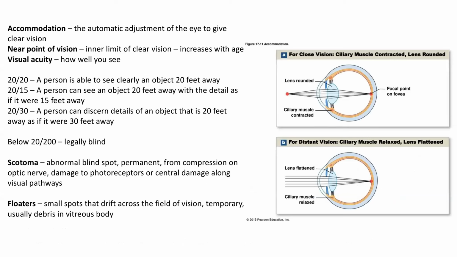So this adjustment of the eye is known as accommodation, so you can get a clear vision. The way this works is that when the ciliary muscles here contract, this is the ciliary body, it has the muscles here, and when it contracts, it pulls together.